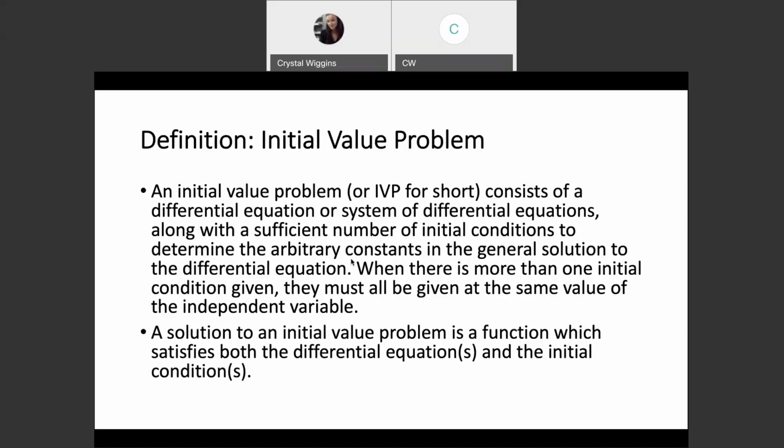When there is more than one initial condition given, they must all be given at the same value of the independent variable. A solution to an initial value problem is a function which satisfies both the differential equation and the initial condition or conditions.